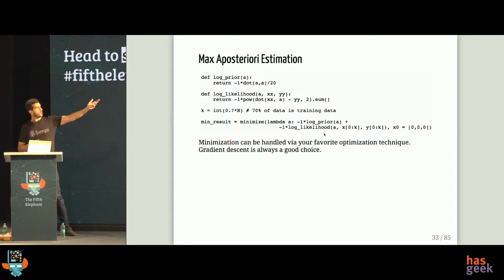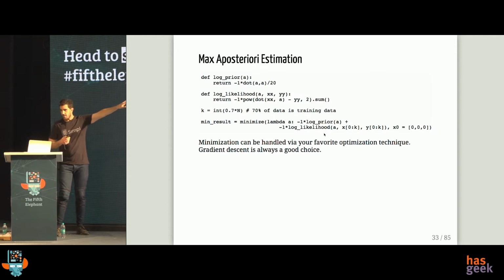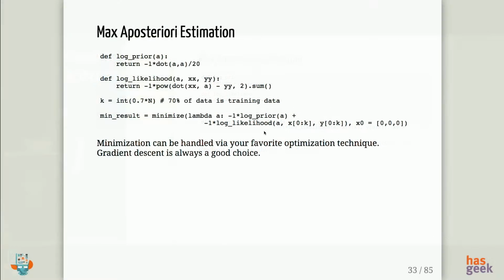Then we compute a result using the SciPy minimize function. Ignoring some tricks in linear regression, this is basically what sklearn.linear_model is doing. It's doing some kind of optimization, and they use tricks to make it faster. It's a carefully optimized module, but this is the big idea: they've defined a likelihood, they've defined a prior, and they're optimizing A.